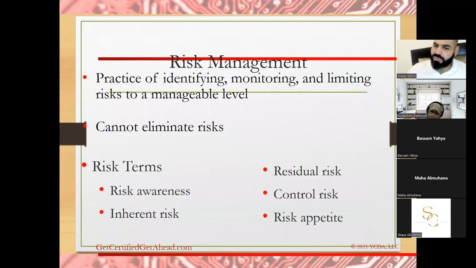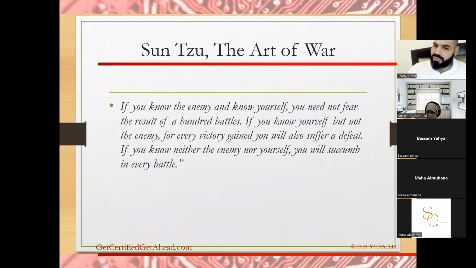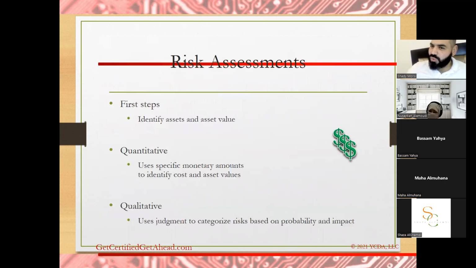In assessment, we give a score, and this score can be numeric, monetary, or qualitative: high, medium, low. When we come up with a score, we have done our risk assessment.